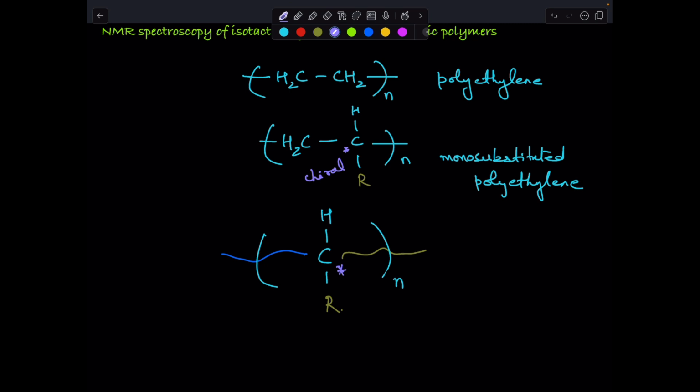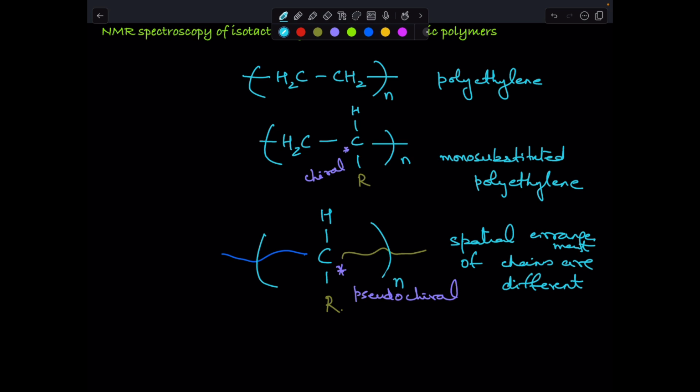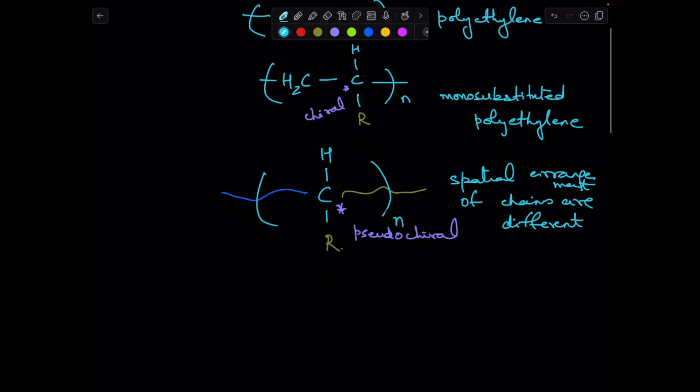The carbon atom is pseudochiral because the spatial arrangement of the chains on the left and on the right side of the carbon atom is different. That is what makes it pseudochiral. This carbon is not technically chiral because it does not show optical activity.